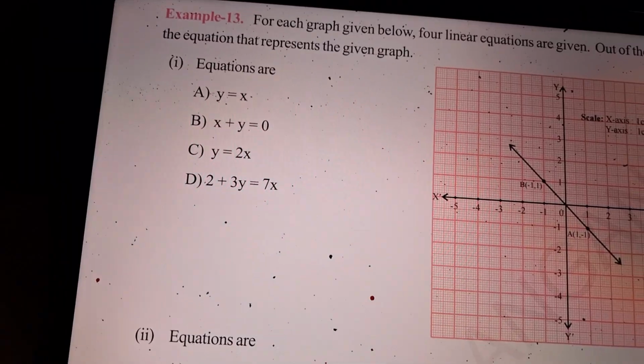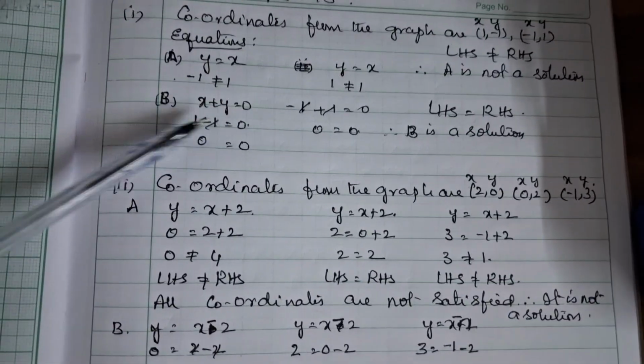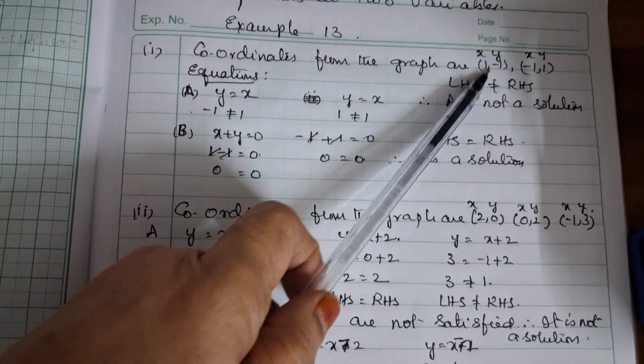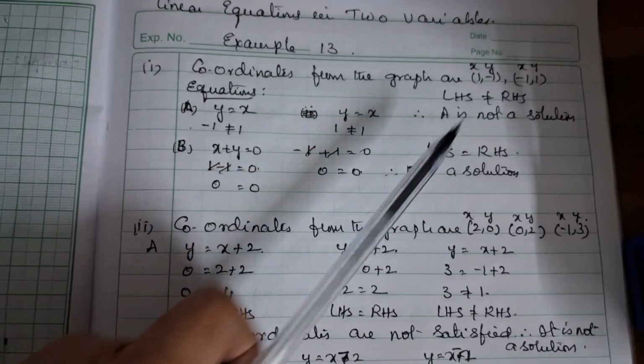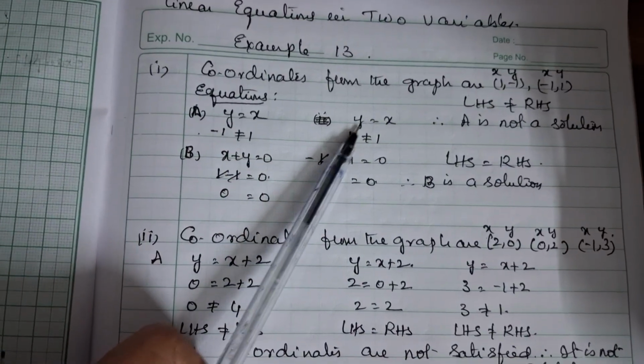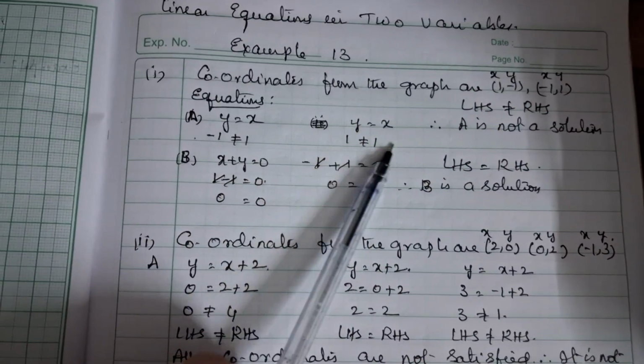I have taken first A equation, y is equal to x. So, y is equal to x means, children, here first one y is minus 1, no? Minus 1 is not equal to 1. And the second one, if you take x as minus 1, y is 1. And y is equal to x, no?